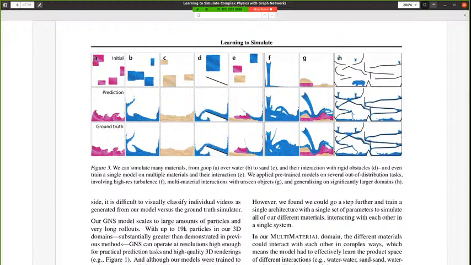But then H is that it also nicely generalizes to completely new domains. Like you change the box, you change the barriers. You give it different numbers of influx with the number of particles, new particles coming in, funky shapes, the hippo here.